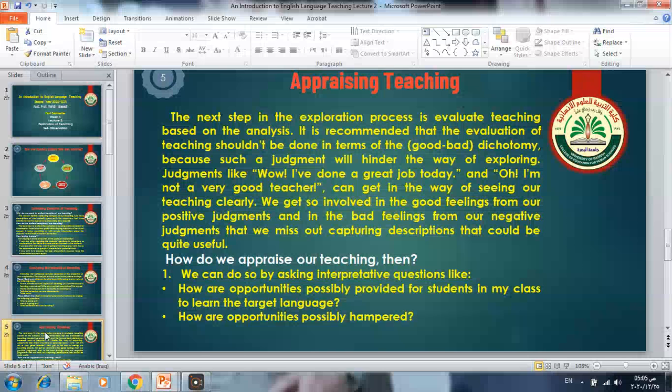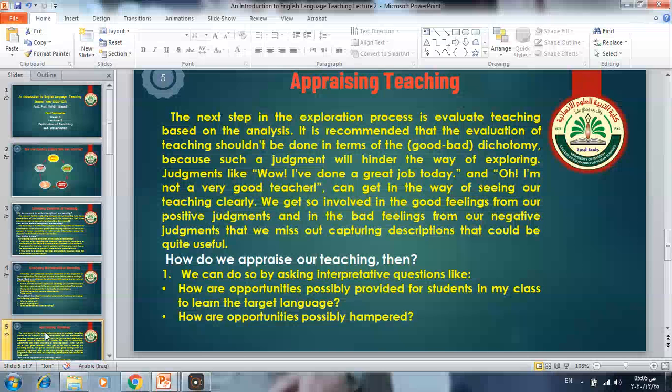It is recommended that the evaluation of teaching shouldn't be done in terms of a good-bad dichotomy. When you try to evaluate your teaching, you have to avoid saying that this is good and this is bad. Because such a judgment will hinder the way of exploring.